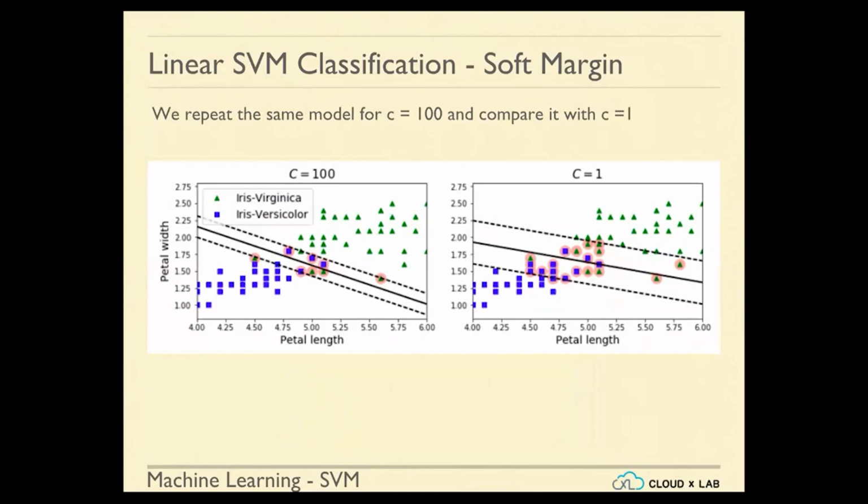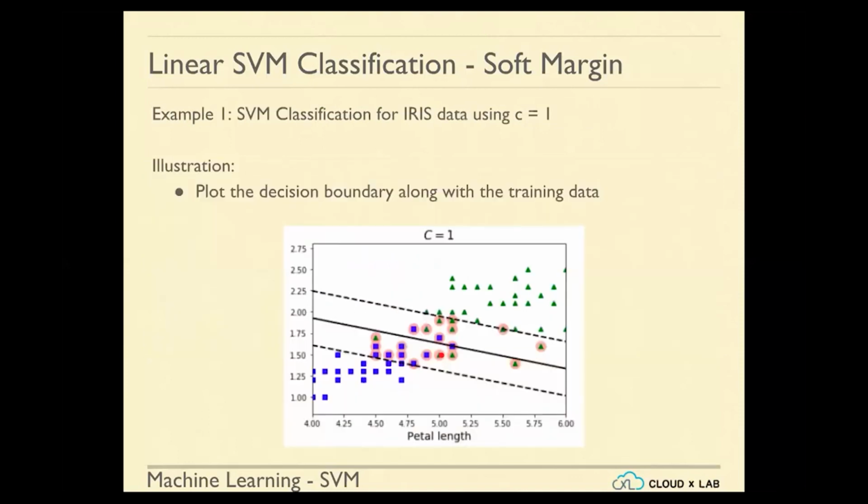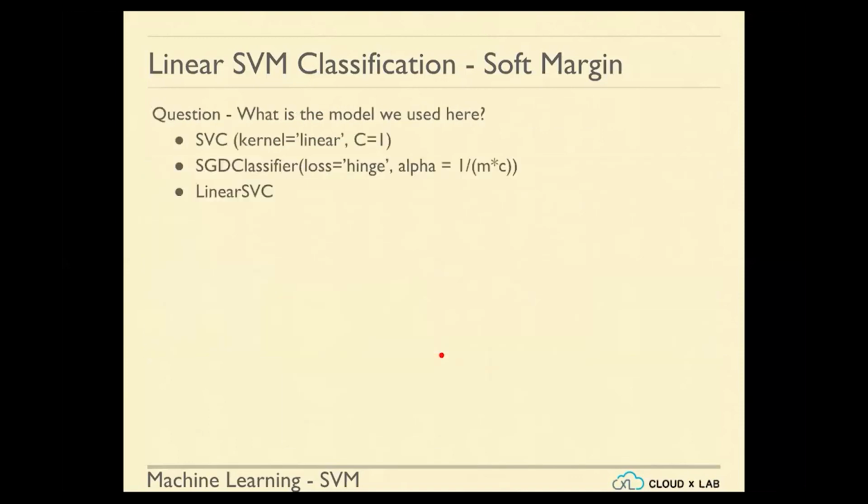If C is smaller, we are looking for a better model, as in a more generalizable model, meaning a wider street. You can see it clearly if you run the same example here and so on.